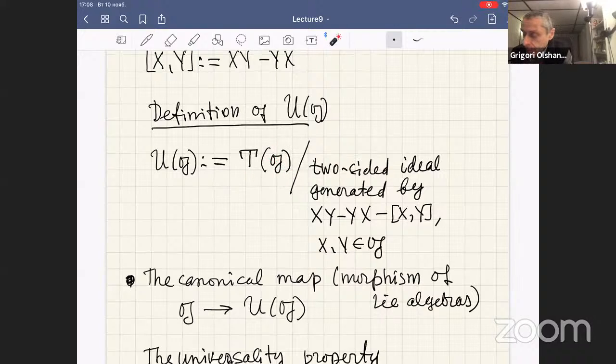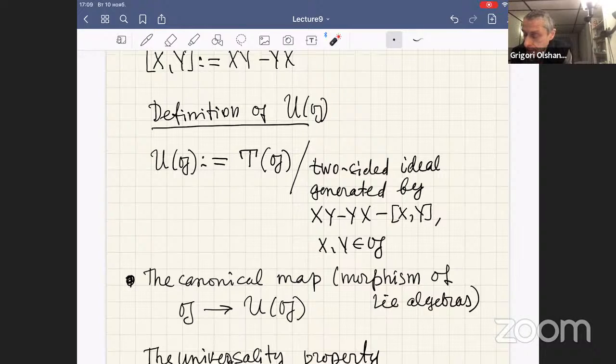But now we use the bracket as follows. We take the two-sided ideal, which is generated by all elements of this type, xy minus yx minus the bracket between x and y. Okay, so this is a formal definition.